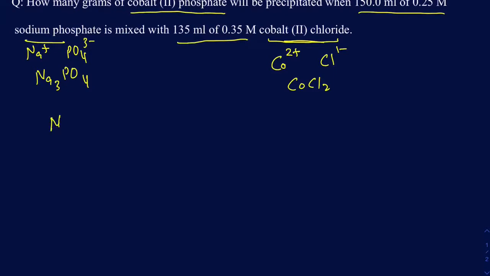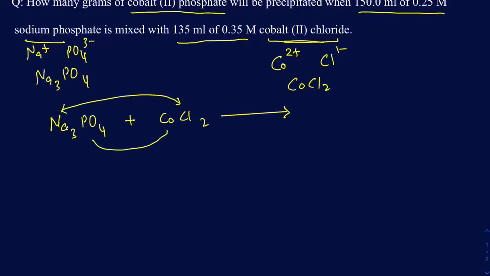When I have Na3PO4, sodium phosphate, mixed together with cobalt(II) chloride, you want to make sure you swap the ions, basically. In the reactants, I have the sodium combined with the phosphate. Now I'm going to have the sodium combined with the chloride, so that goes right there. So outside stays outside and inside stays inside.